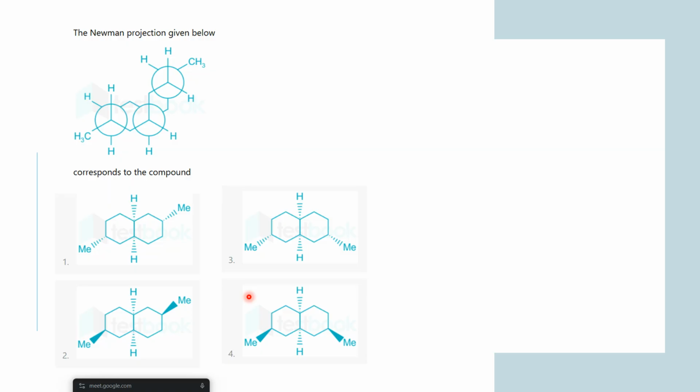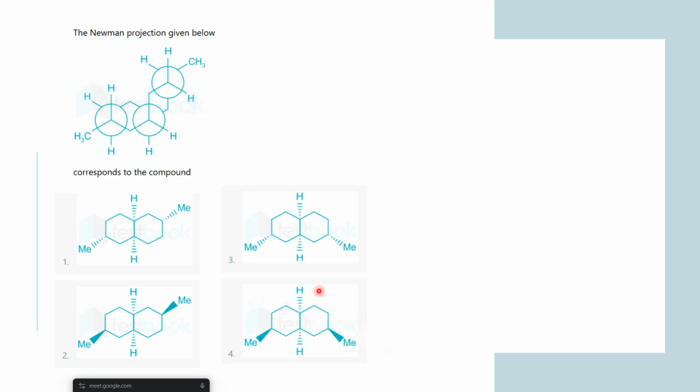So this question you can note down as a practice question where we have a Newman projection given and we are given four options here. So you just have to break down the Newman projection structure into a simple planar structure.